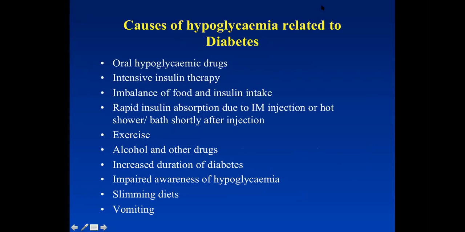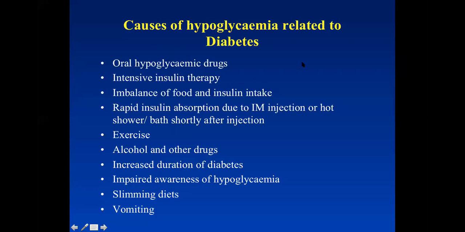So in a diabetic patient, what are the conditions that can lead to hypoglycemia? They are definitely on oral hypoglycemic drugs or insulin, which can lower your glucose levels. So if it goes beyond the desired levels, they can go into hypoglycemia.